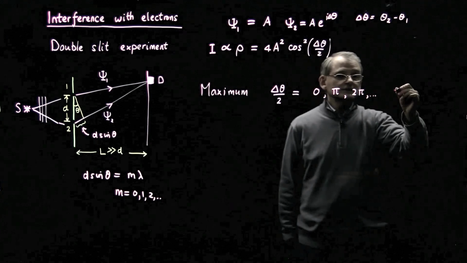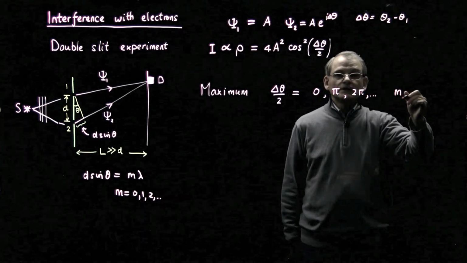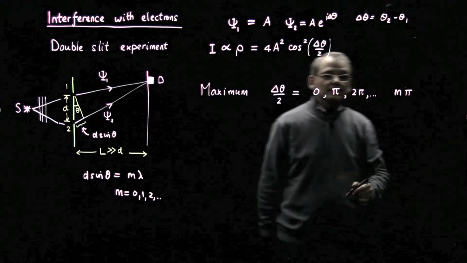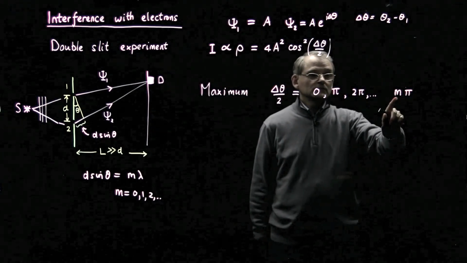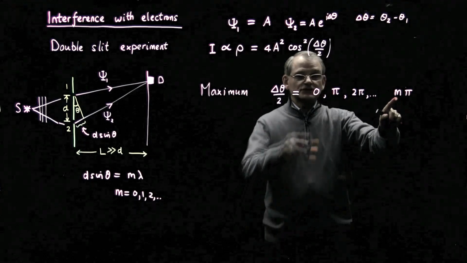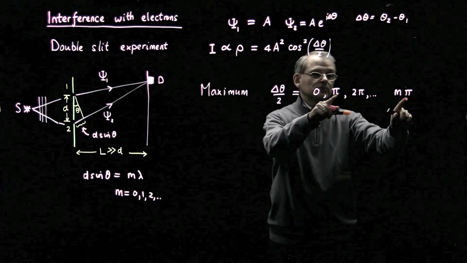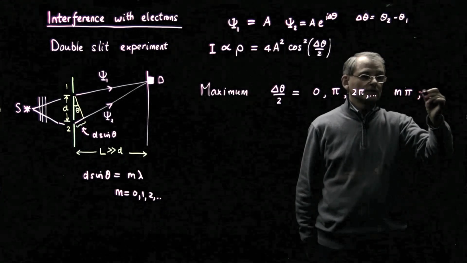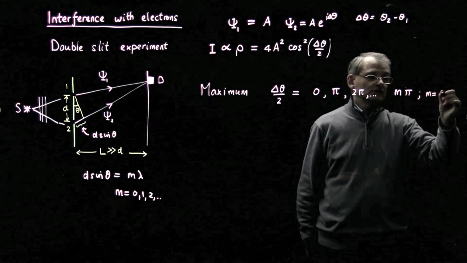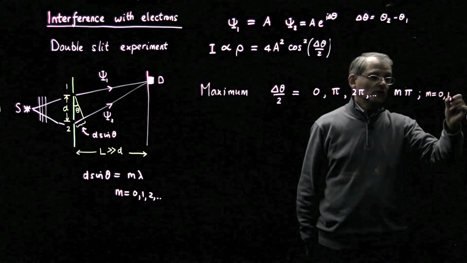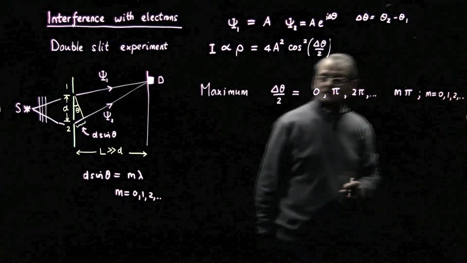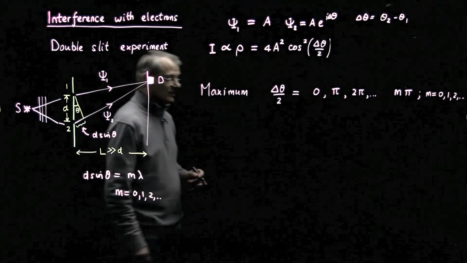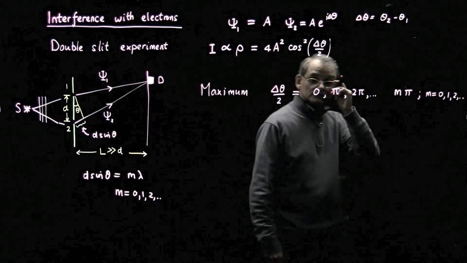So I can write this as m pi. If m is equal to 0, I get 0. If m equals 1, I get pi. If m equals 2, I get 2 pi, and so forth. So this shows that the integer m is just 0, 1, 2, etc. That's great. We've already seen that we've got the integer that we obtained by geometric considerations.